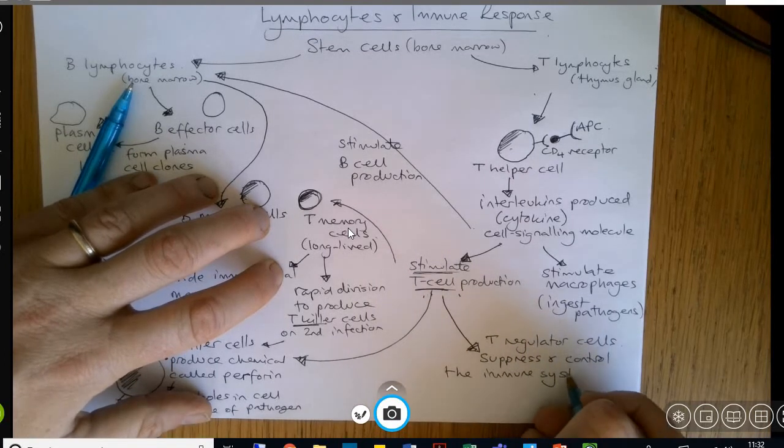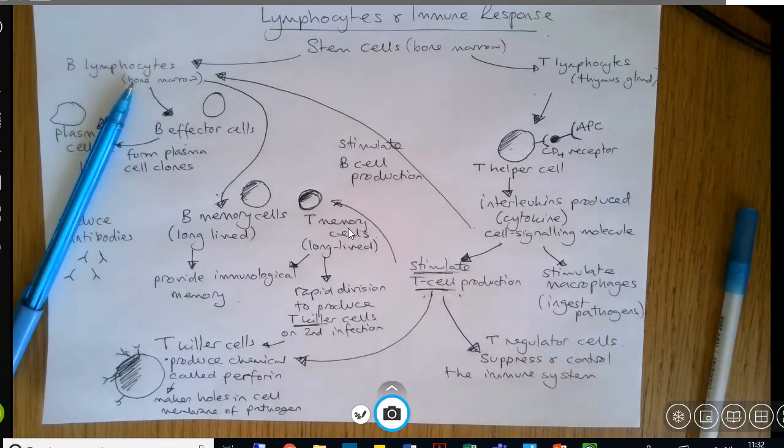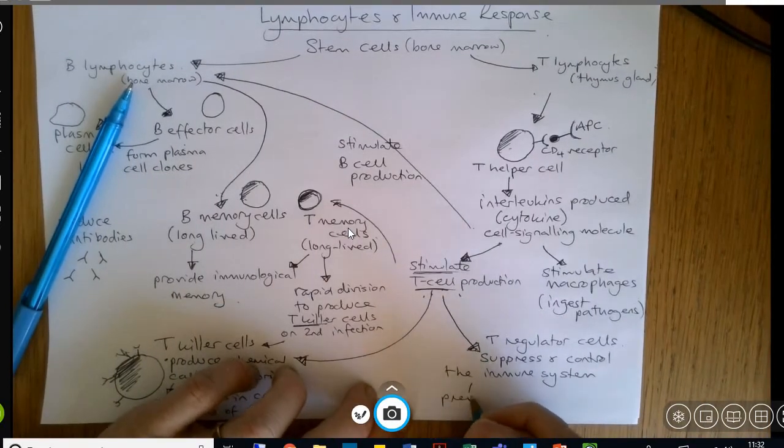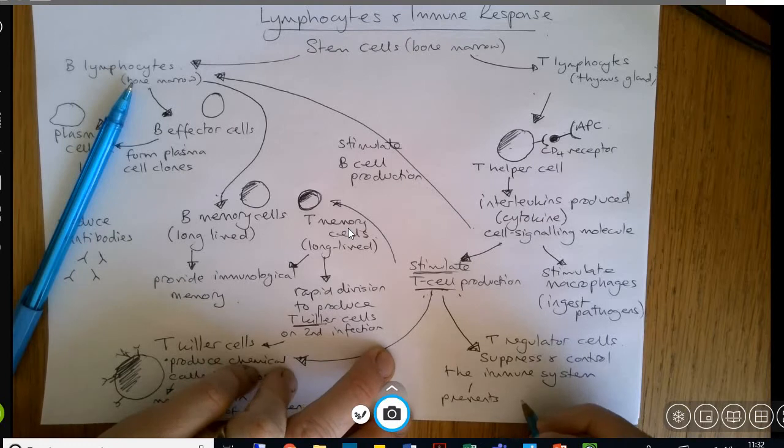Without T regulator cells, the immune system can go out of control. It can start destroying self antigens. It can cause harm to the body, and it prevents, therefore, an autoimmune response.